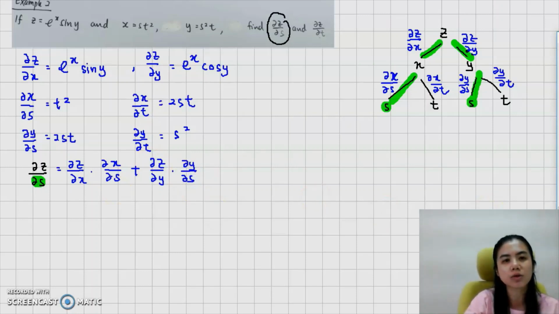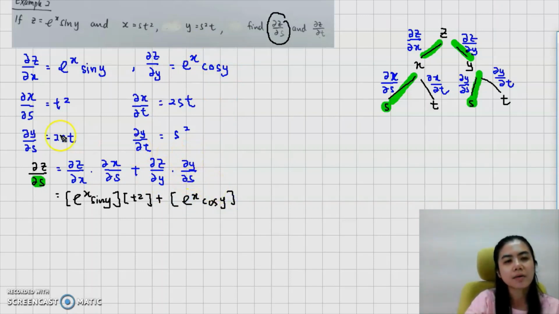Let's do the substitution. Del z del x is this one, so we have e^x sin y, and here t squared. Plus, this one is e^x cos y, and del y del s is this, so we have 2st.